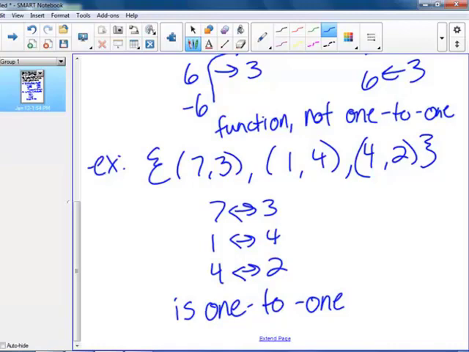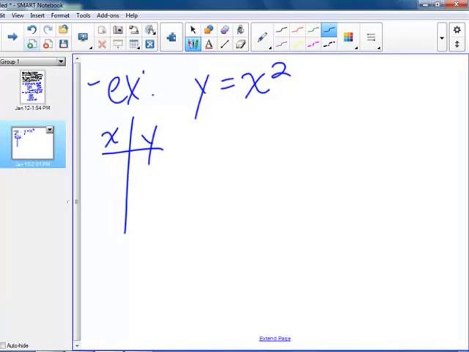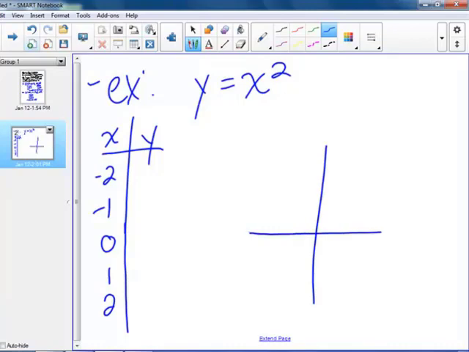Okay, now let's think about the graphs for a minute. We looked at y equals x squared, and we figured out some points, let's say -2, -1, 0, 1, 2. Hopefully by now you're getting the hang of this graph pretty easily. We've got (0, 0), (1, 1), (2, 4), (-1, 1), (-2, 4).